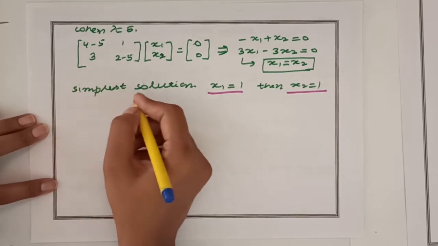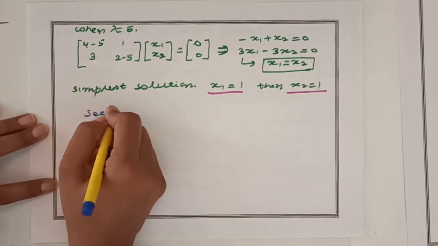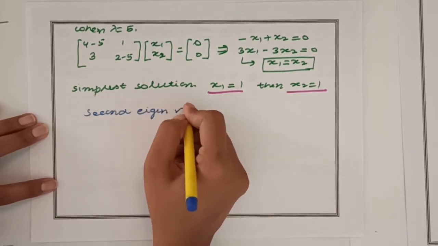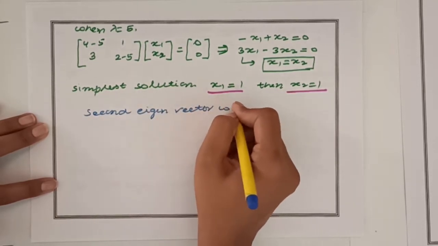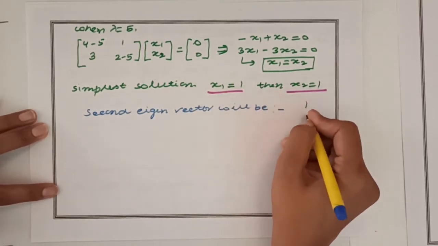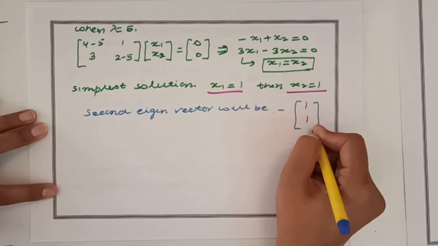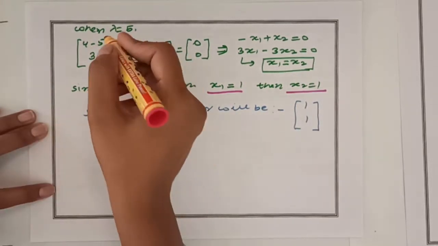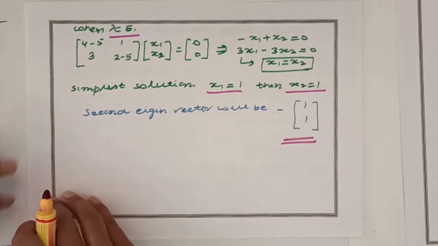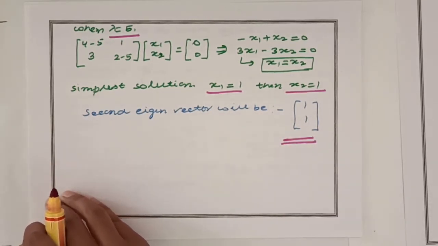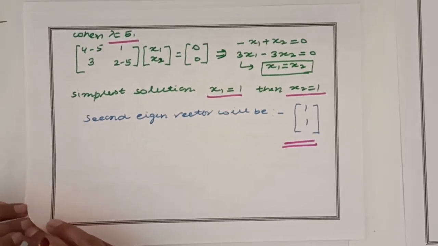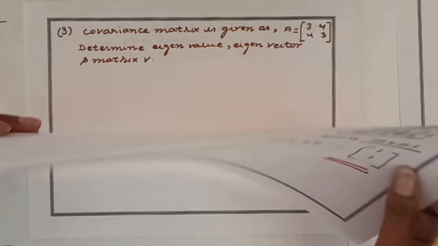So in this case, the second eigenvector will be 1 and 1. So when the eigenvalue was 5, the eigenvector will be 1 and 1. So this is how the eigenvalues and eigenvectors are calculated. Now move to the next question.